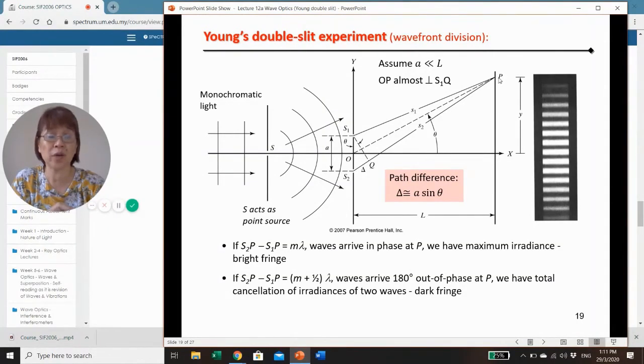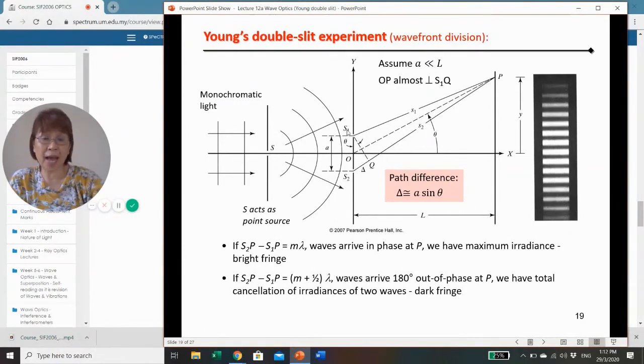We're going to assume here that the distance between the slits, what we call the slit separation, is very small when compared to the distance where we put the screen to observe the interference fringes. Though in this diagram it is drawn rather large, that's so that we can see all these angles more clearly. Then we have a line from the center that separates the two slits up to the point of observation, OP.